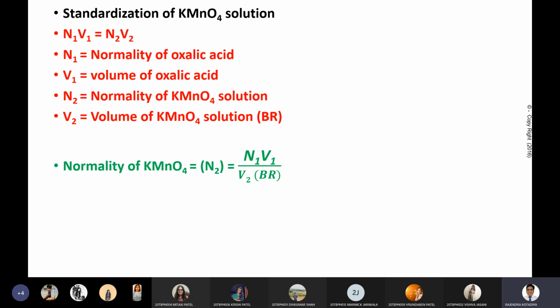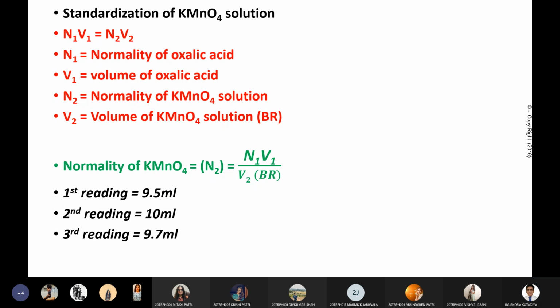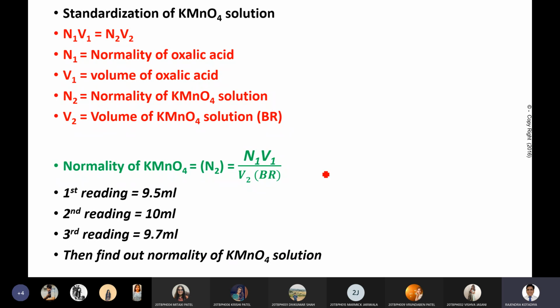Suppose based on this, you get these 3 readings. What will be the normality of the KMnO4 solution in this case? What will be your normality of KMnO4 solution?